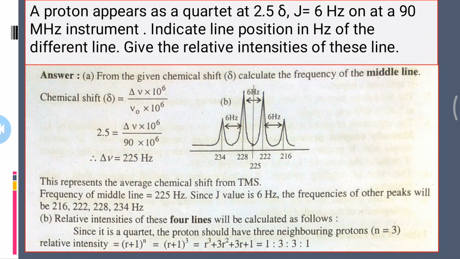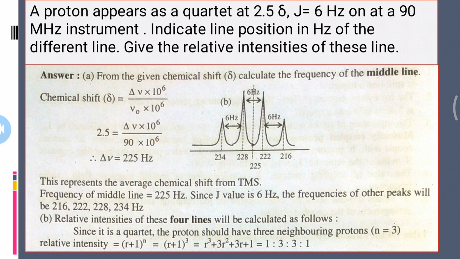So what is the chemical shift formula? Chemical shift delta is equal to frequency of sample minus frequency of TMS, divided by applied frequency of instrument, into 10 raised to 6. This is the equation for calculation of chemical shift.